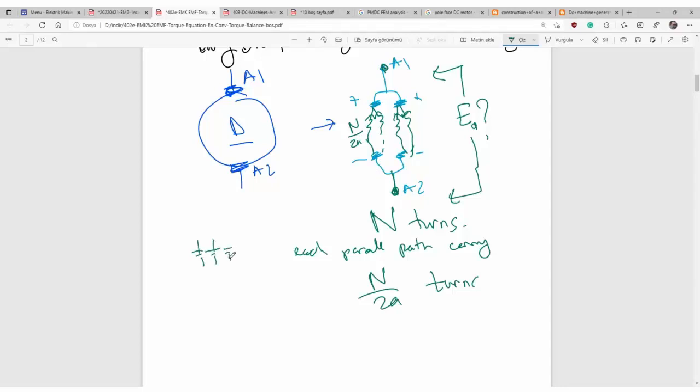All those induce voltages, and then all those voltages will be parallel, since you see the parallel paths. So induced EMF in one parallel line or path is important. That is the number of turns in one path. Number of turns in one path.